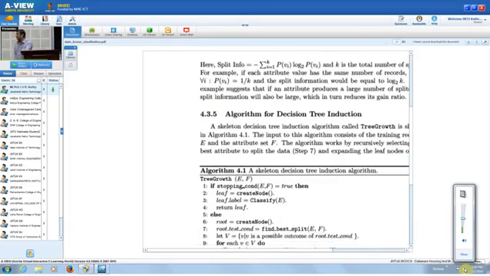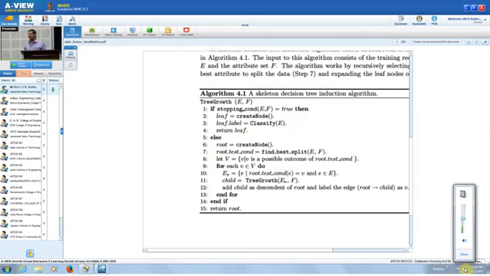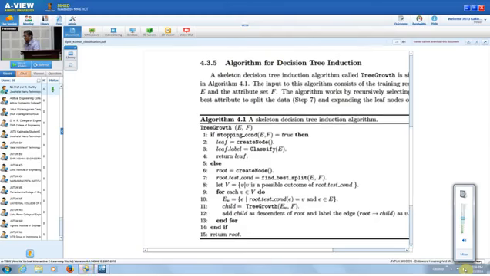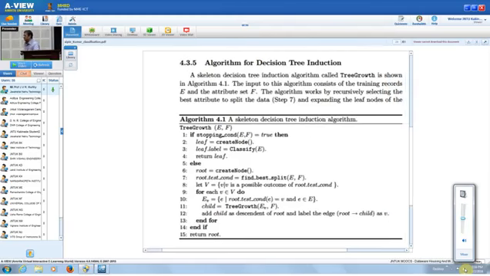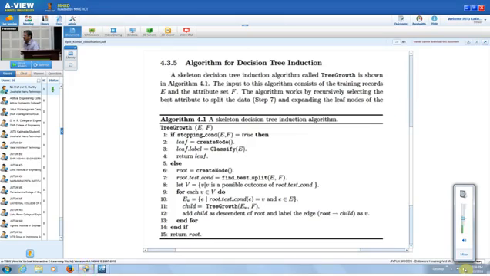Yes, in the last class somebody asked me why it is called the Gini index. Is it an expansion or what is the reason for it? Actually, it is not an expansion or an acronym. It is the name of a statistician. Corrado Gini is an Italian statistician.